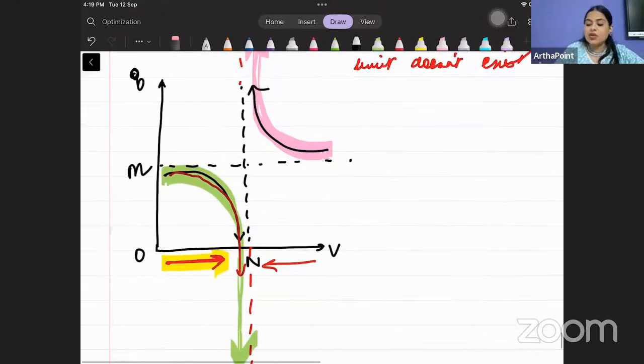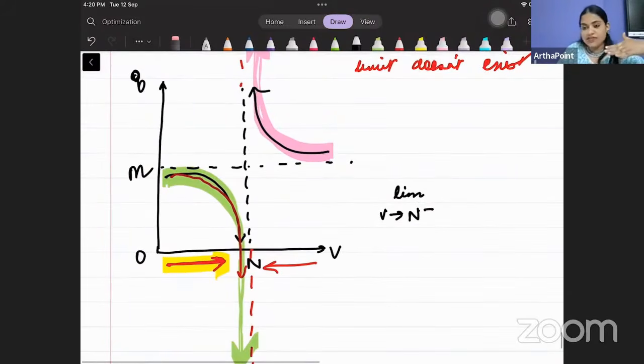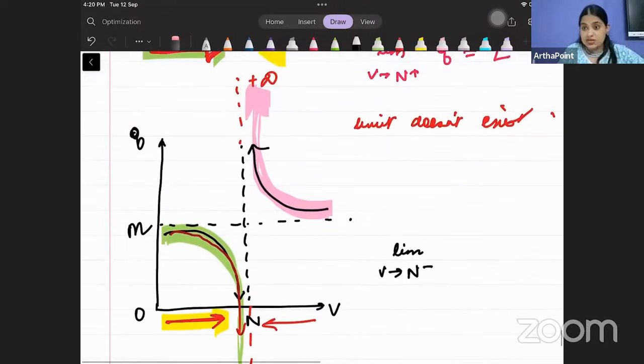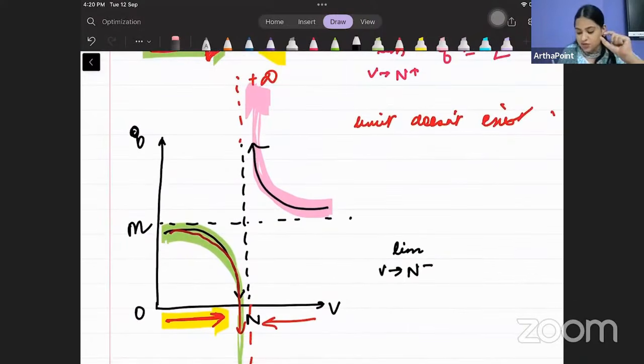Again, I am getting two very different values, right? So when V is going towards N from the left hand side, left hand is shown by N minus, N से थोड़ी कम values के लिए, I am going towards minus infinity.